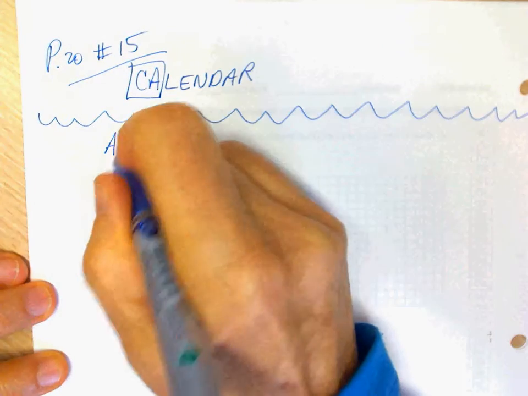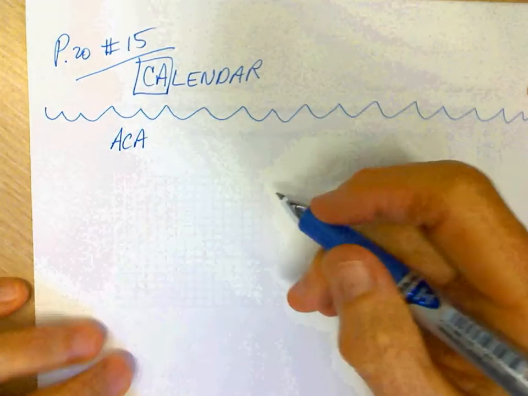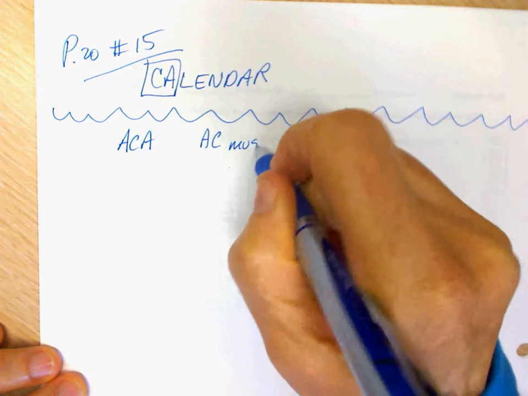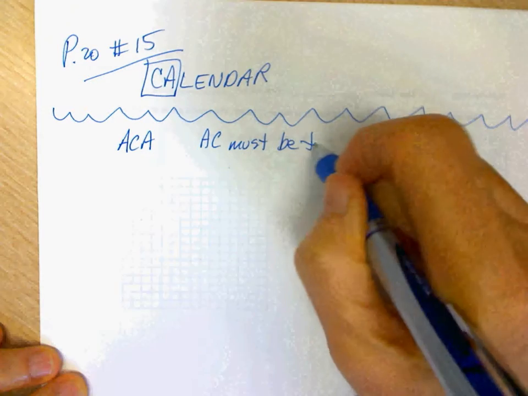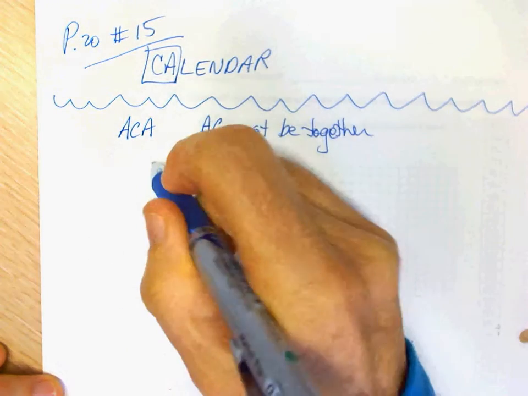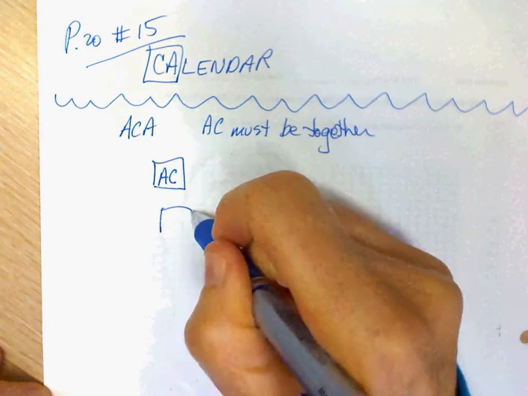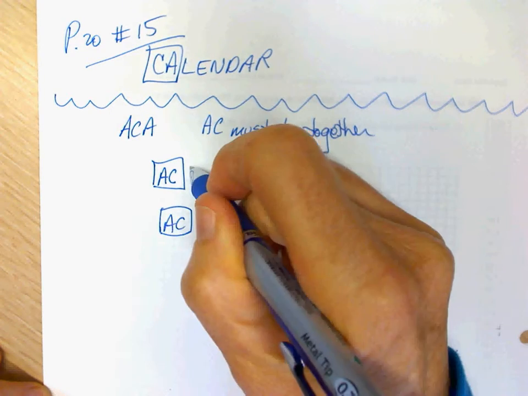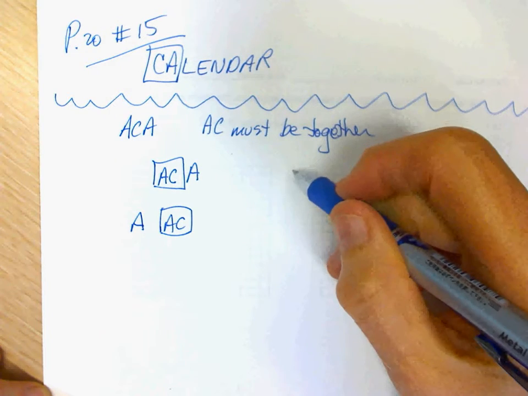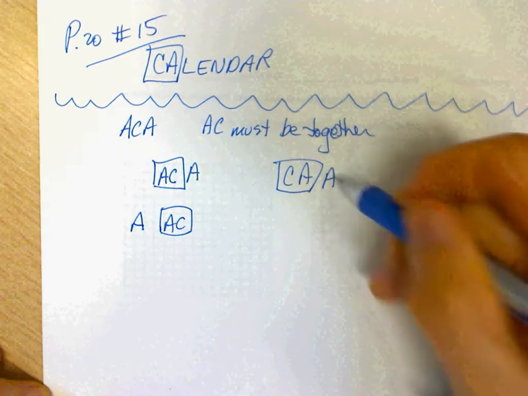Just like that. Let's just look at that three-letter word, and AC must be together. Okay, so if AC has to be together, it could be like this. That floating A could be there or there, but AC could be together like this, and that floating A could be there or there.